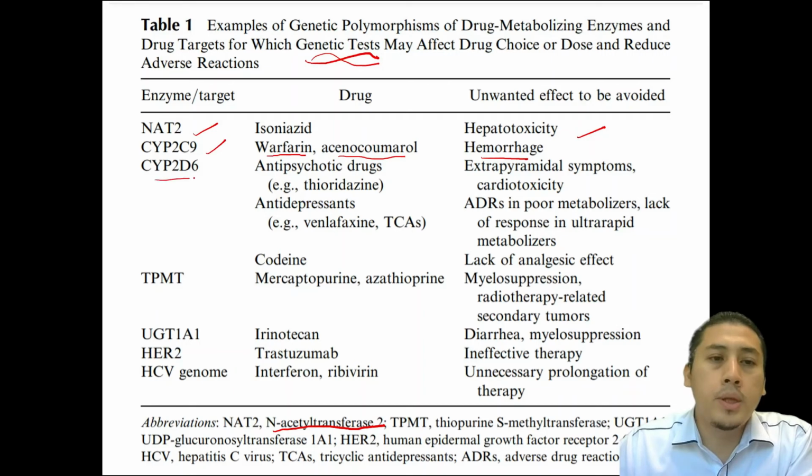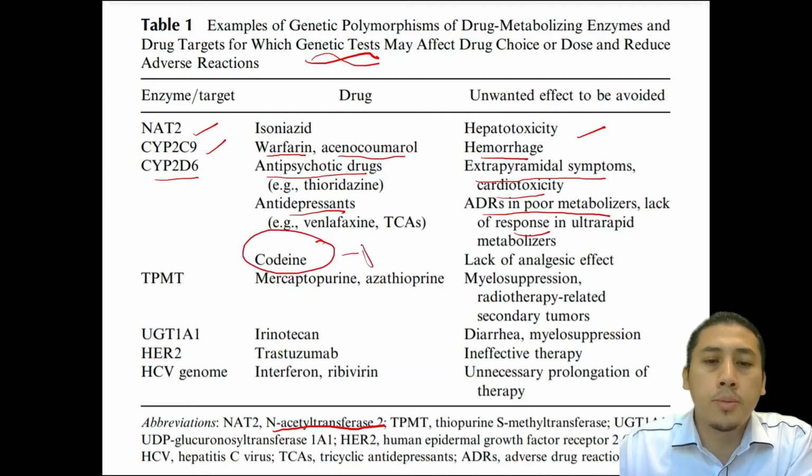And then CYP2D6, it targets the antipsychotic drugs and antidepressants. So the variation in the enzyme can cause extrapyramidal symptoms, cardiotoxicity, adverse drug reactions in poor metabolizers, lack of response in ultra-rapid metabolizers. And the interesting one is codeine.